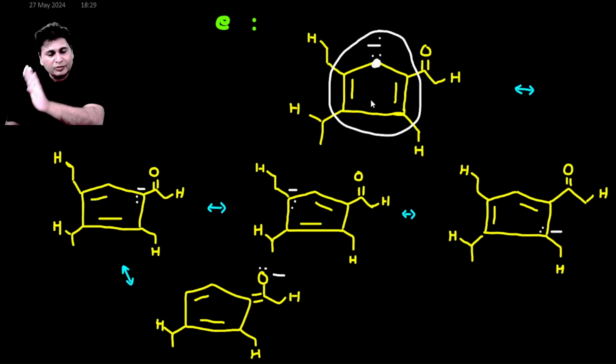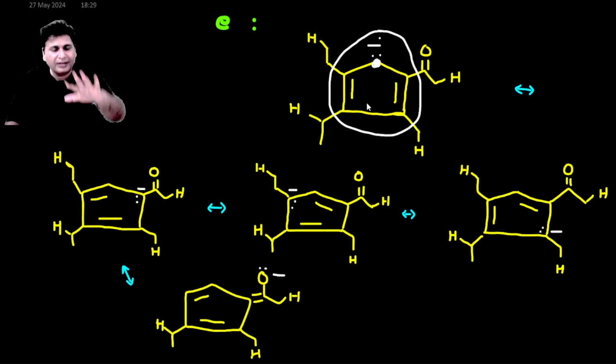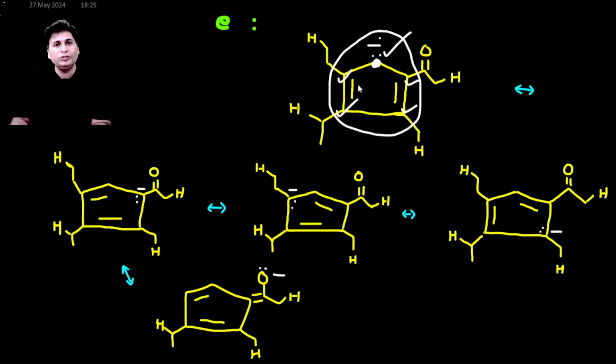All the atoms are sp2 hybridized. This cycle is flat and it has a cyclic conjugation. How? Let us see. Minus, single, double, single, double. So in this conjugation, you have included all the 5 atoms of the ring.